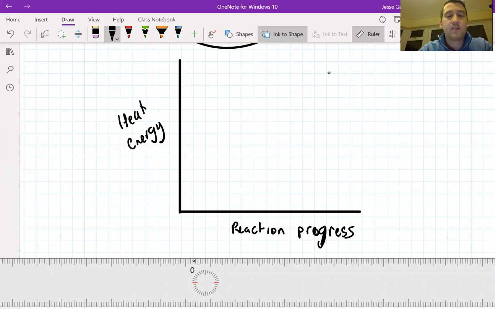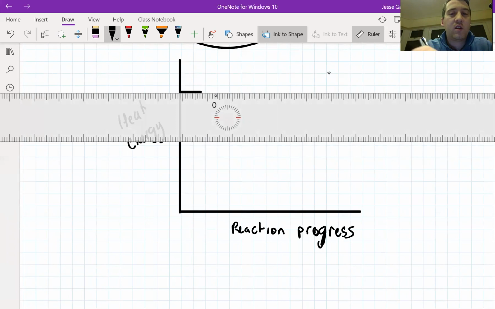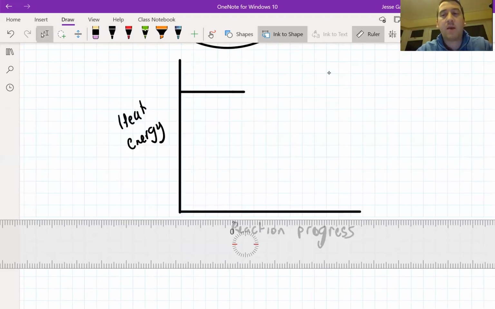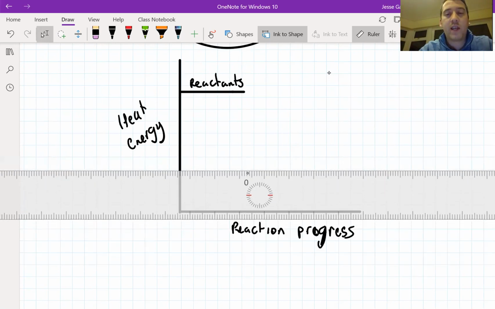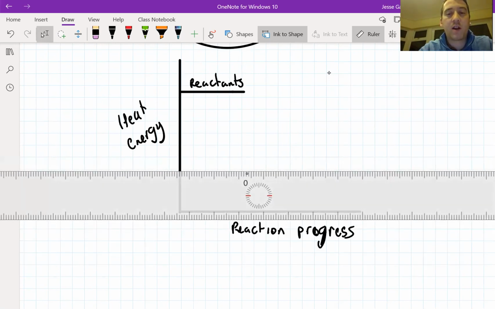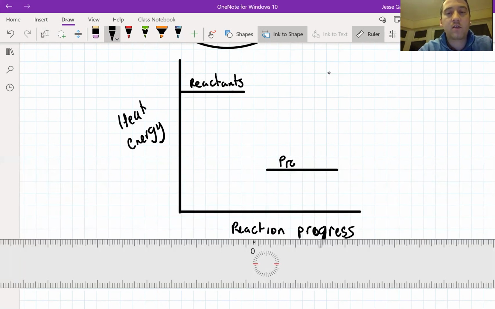Heat energy like this. And we said that some reactions start where the reactants are storing a lot of energy in their chemical store. So the reactants have a lot of energy. The reaction happens, and then towards the end of the reaction, we formed the products. But the products have a lower amount of energy.